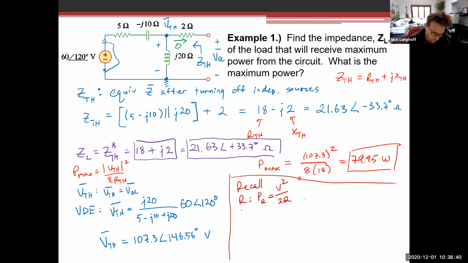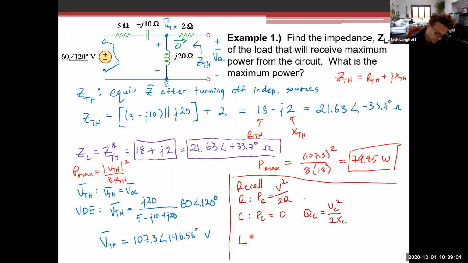And what I will point out is that the average power for a capacitor is 0. And then the reactive power, QC, is going to be VC squared over 2 times the reactance of the capacitor.